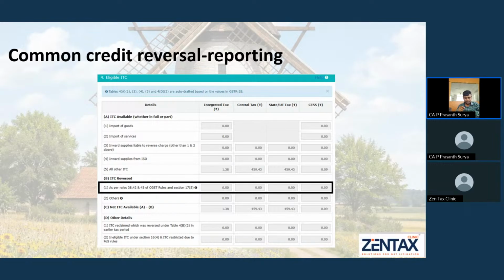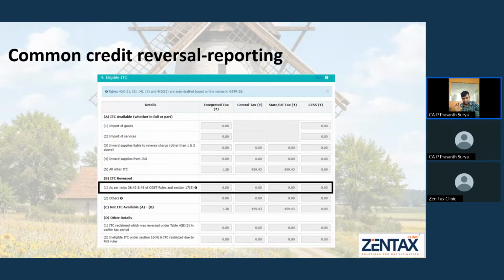We should report it in 4B1. We all know that 4B1 is the permanent reversal with respect to blocked credit. The ITC block we will ideally report in 4B1 of GSTR 3B. The same applies to Rule 42 and Rule 43. Rule 42 talks about common credit reversal with respect to inputs and input services. Rule 43 talks about common credit reversal with respect to capital goods.